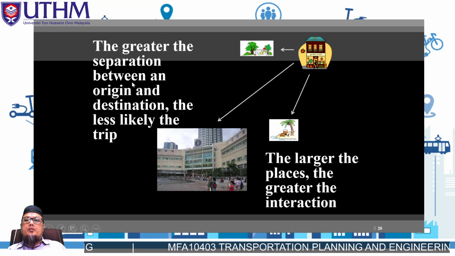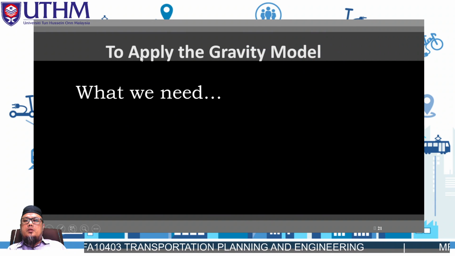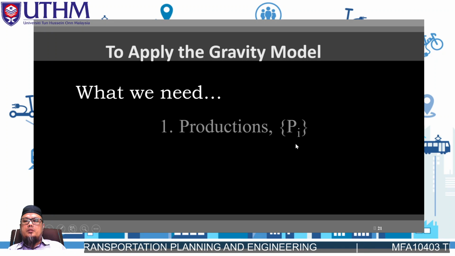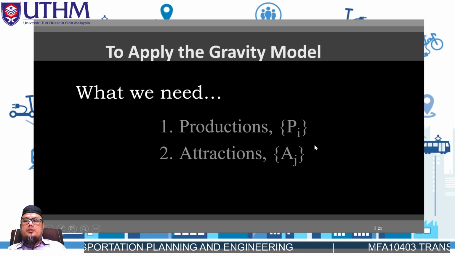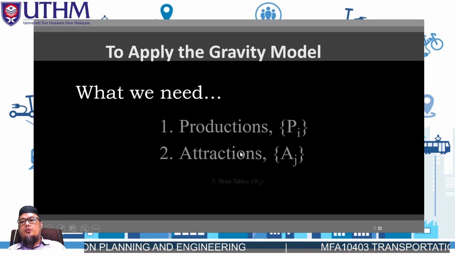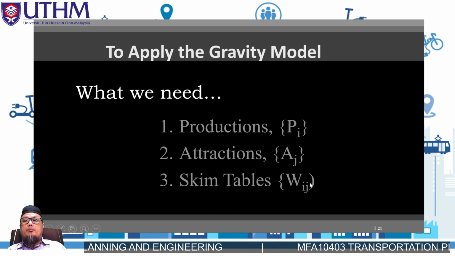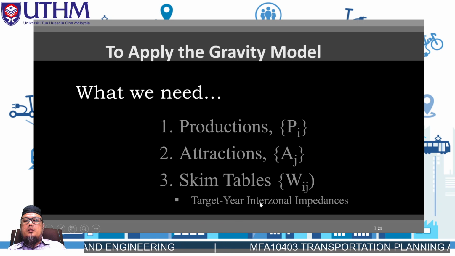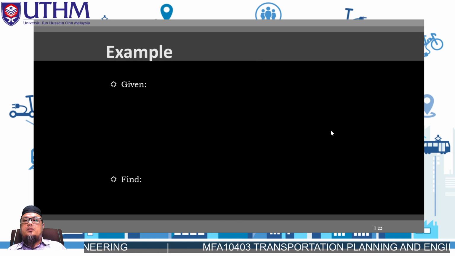The greater the separation between origin and destination, the less likely the trips; the larger the place, the greater the attraction. To apply a gravity model, we first need production, then attraction, so we have to have this kind of data available. We also apply the skim table and the target year interzone impedance.